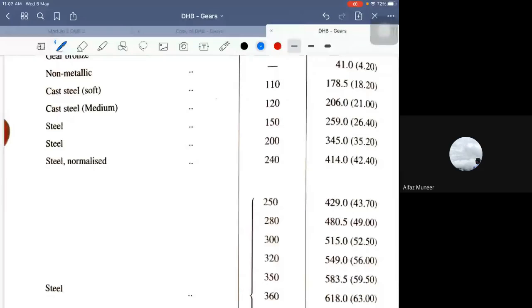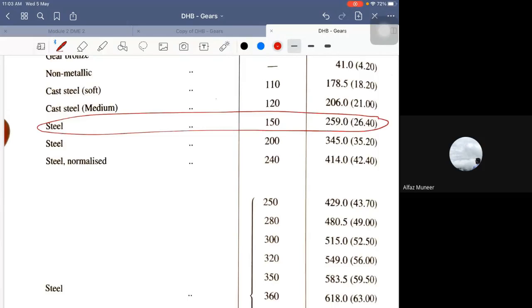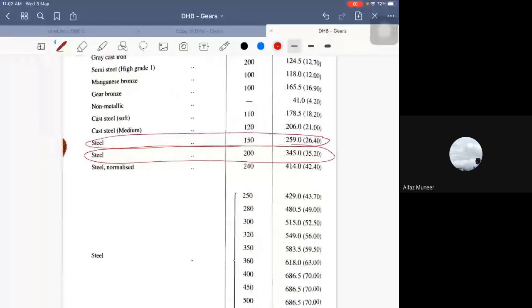So what we have is the value for 150 and the value for 200. Correct? Are there any other values for steel which are nearer to 150 and 200?